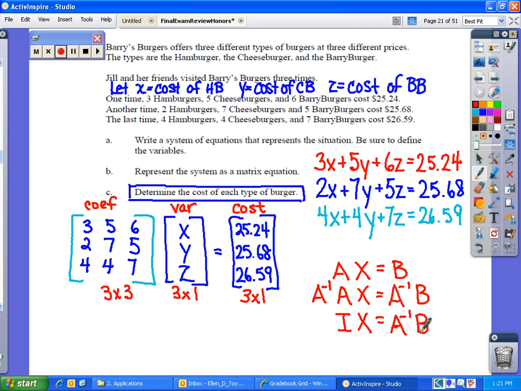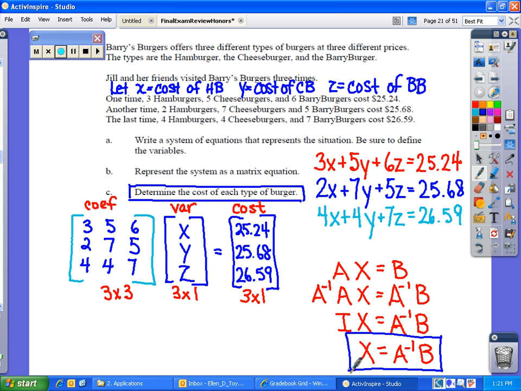Then the identity matrix times any matrix is the matrix itself. This shows us that we can find the answer to our question, the X matrix or the variable matrix, by multiplying the inverse of the A matrix by the B matrix or the cost matrix.